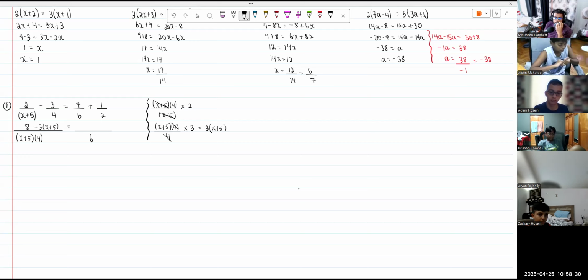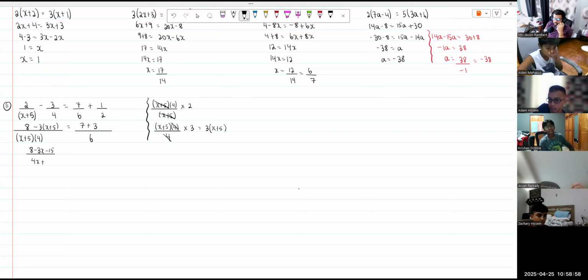Yeah? On this side here, I will just get 7 plus 3. Yeah? All right, I could simplify both sides now. I'm going to get 8, take away 3x, take away 15, divided by, I multiply it out now, I get 4x plus 20 here, is equal to 10 over 6.